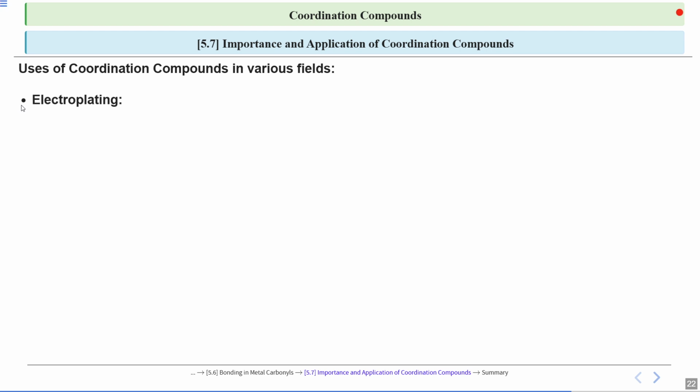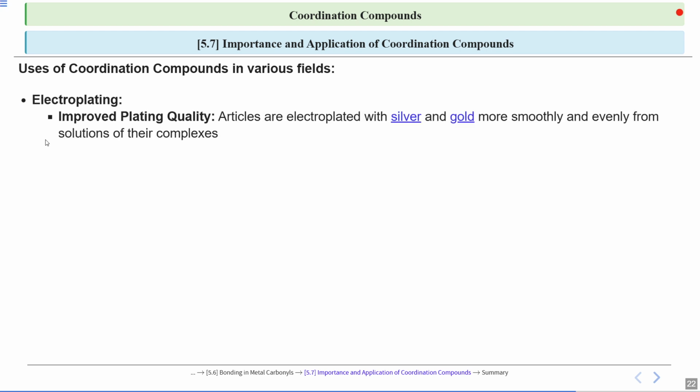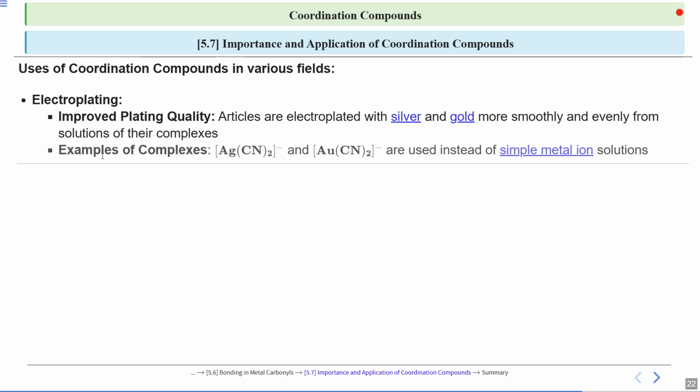The next use is in the field of electroplating, for improved plating quality. Articles are electroplated with silver and gold more smoothly and evenly from solutions of their complexes. For example, the complexes are [Ag(CN)2]- and [Au(CN)2]-. These complexes are used instead of simple metal ion solutions for the electroplating of articles.